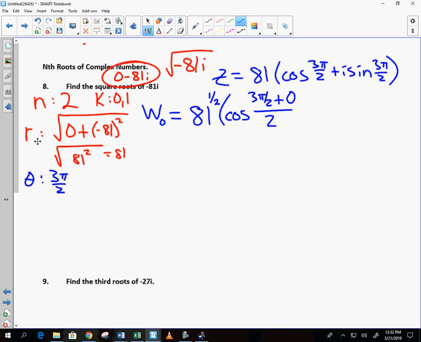N is 2. Plus i sine of, okay, let's try to save some space here. So 3 pi over 2 plus 0 is 3 pi over 2, divided by 2. Three pi over 2 divided by 2, so we multiply by the reciprocal.